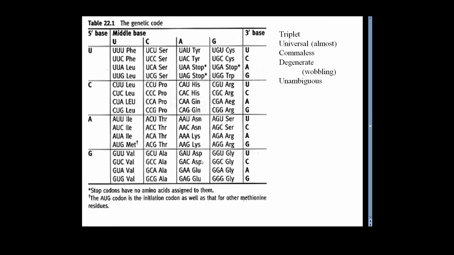By the way, it was determined relatively quickly. The first idea came when Crick proposed the presence of this code. It was an idea for a very long time, but it was determined relatively quickly. And about the details and properties of the genetic code.